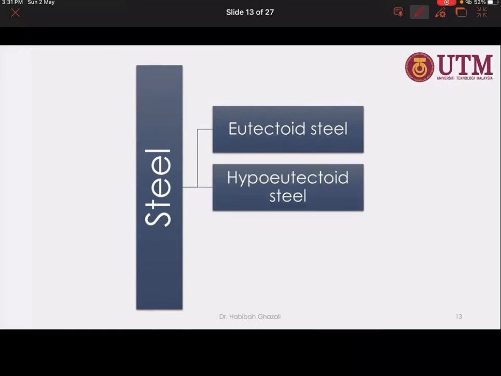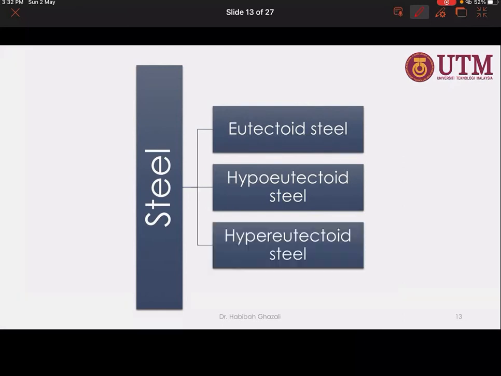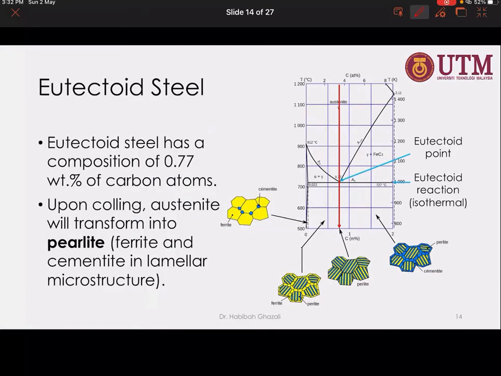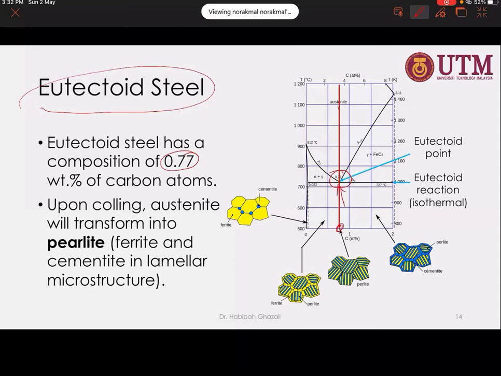There are eutectoid steel, hypoeutectoid steel, and hypereutectoid steel. Eutectoid steel is a steel located at the eutectoid point. What is the composition of the eutectoid steel? It is 0.77. Exactly this amount. It is 0.77% carbon in the iron.